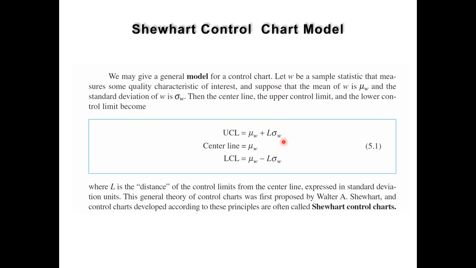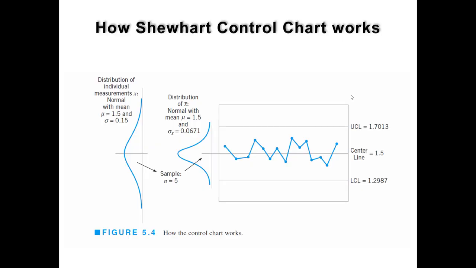You will see that the computation of the lower and upper control limits is exactly the same as the computation that we have looked at just now, whereby for each control limit you take mu plus or minus k standard error. In this case it is L, the constant that you use.